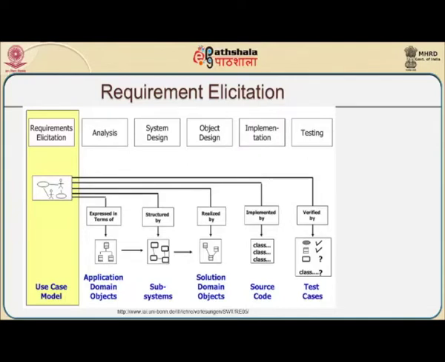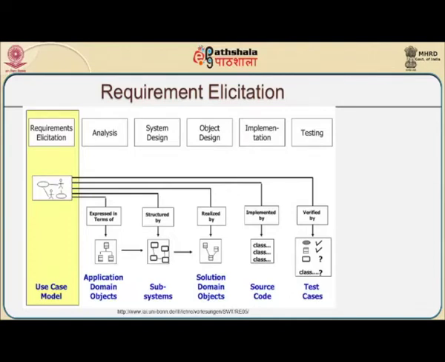Once we are done with the use case model, this can also help in dividing the system into subsystems. So anything that is to be drawn as a block diagram from the use case model, which is produced out of the requirements elicitation process, can easily be converted, but this happens only after the analysis phase.